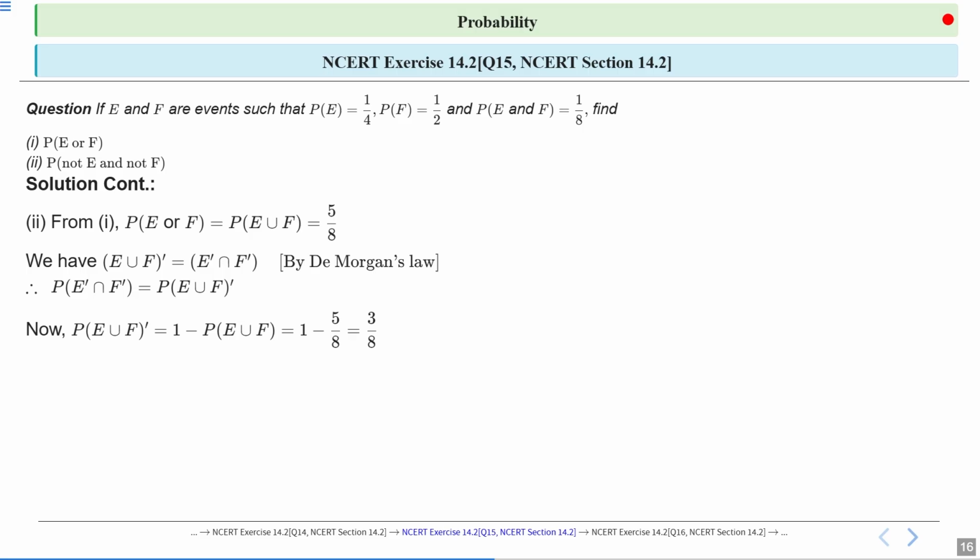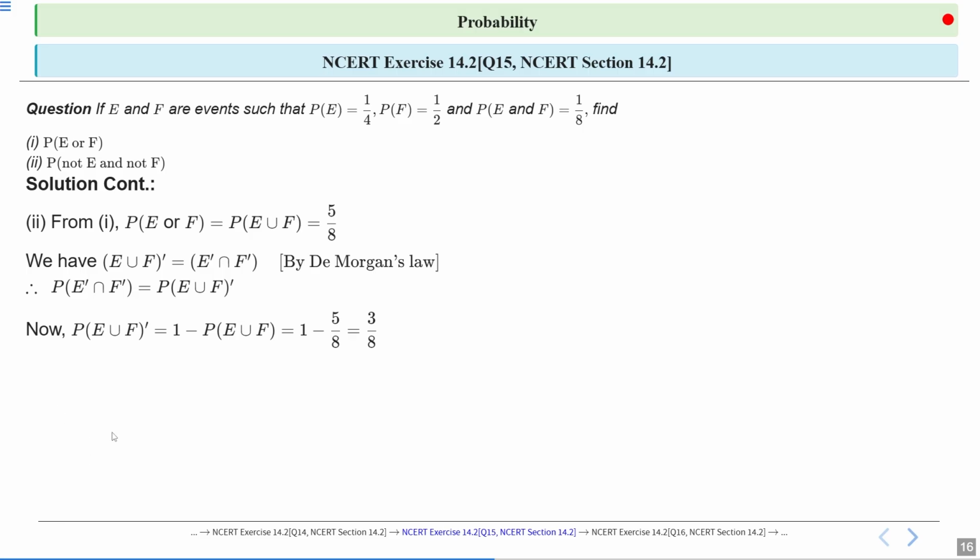If we have event A and we are given probability of A, some value, and then we have to find probability of A complement, in that case you should use this formula: probability of A complement equal to 1 minus probability of A.